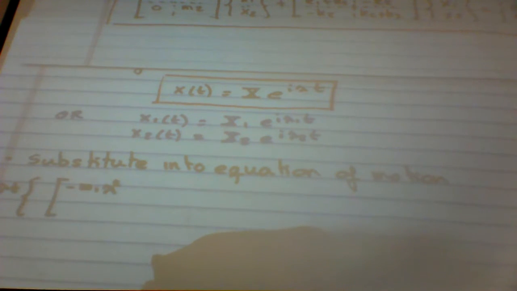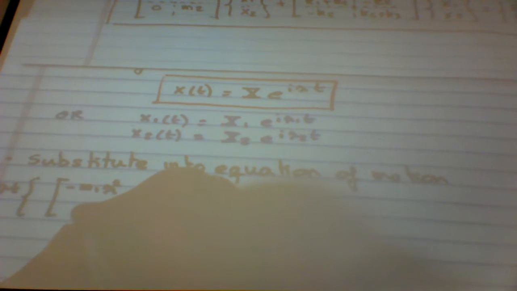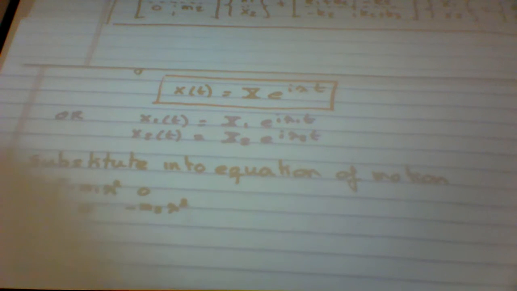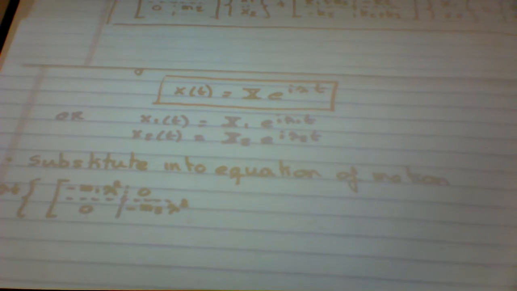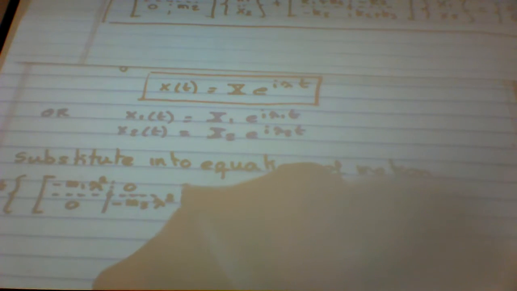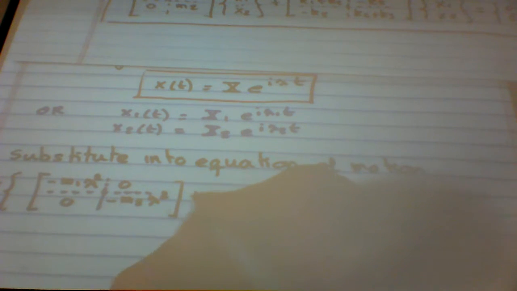Yeah, it would be lambda 1 squared, but let's just say lambda squared. Then 0 for the next cell, 0 again, and minus m2 lambda squared. And the stiffness will give you what? Nothing will change, no?